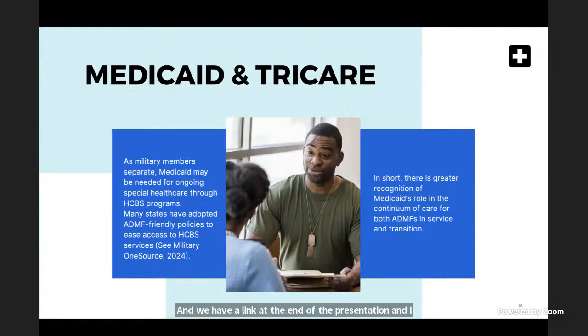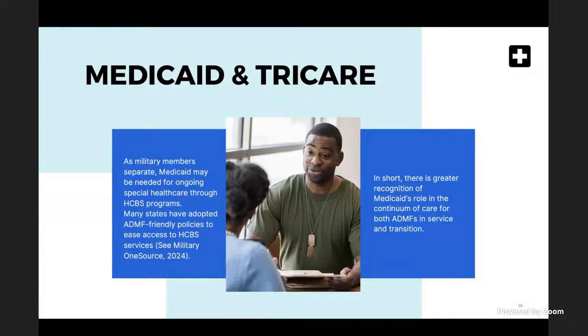Currently, there's about 30 states that have adopted policies in one way or the other aimed at trying to help families preserve their eligibility to apply for waivered services even if they move out of state.